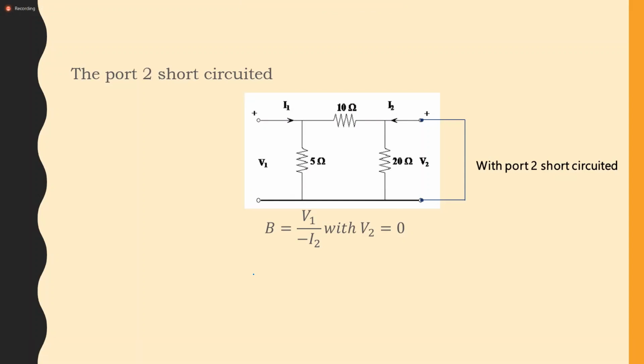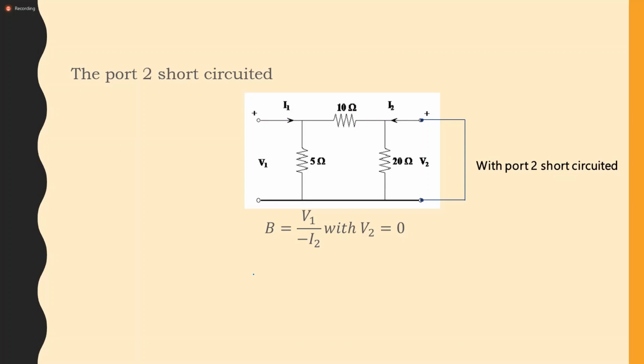However, what is B equal to? V1 over minus I2. So minus I2 will be going left to right. Agreed?